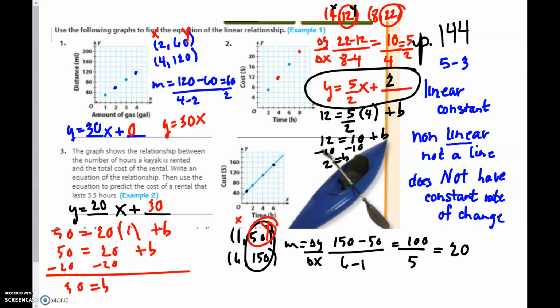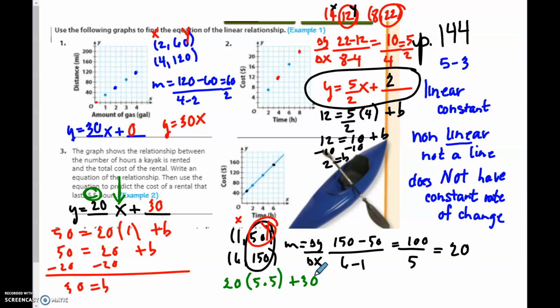Okay, the last thing that they actually want me to do is find out what 5.5 hours is going to bring. So in place of x, I'm going to put 5.5. So down here in green, you can see me going 20 times 5.5 plus that initial cost of 30.